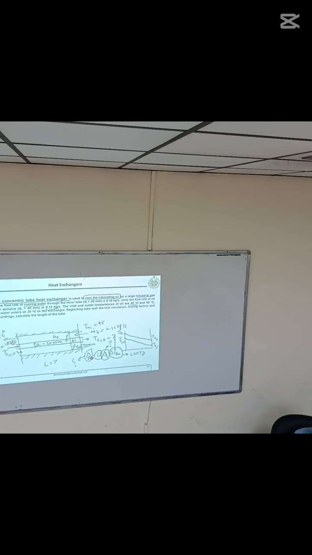We can find Q dot from another equation: m cp delta T of the hot fluid, m dot h cp h delta T of the hot fluid. Do not get confused with the negative sign; we just want the absolute value of Q dot, which is why I'm writing delta T. From here I can find Q dot, which I use here.